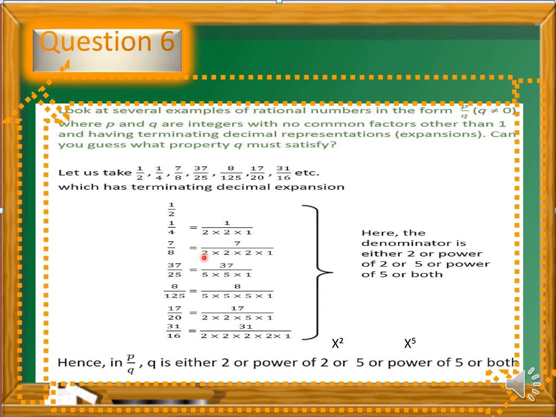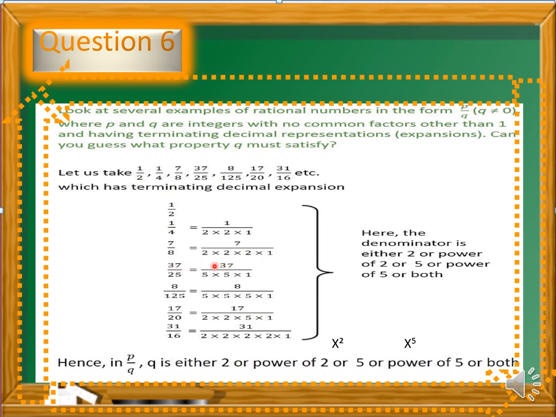The denominator is 2 into 2 into 2 into 1. So we have to express the denominator in the expanded form, with only the prime factors. 2 into 2 into 2 into 1 we get 8. 2 into 2 is 4, 4 into 2 is 8, 8 into 1 we get 8.